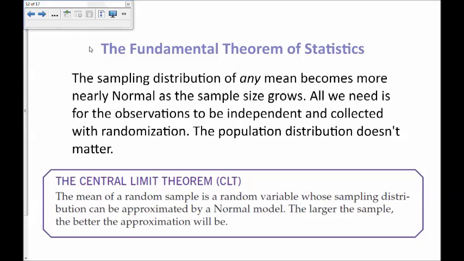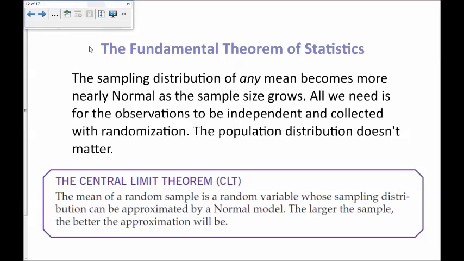A really foundational idea is that the sampling distribution of any mean becomes more nearly normal as the sample size grows. All we need is for the observations to be independent and collected with randomization. The population distribution doesn't matter. That's what's called the central limit theorem.